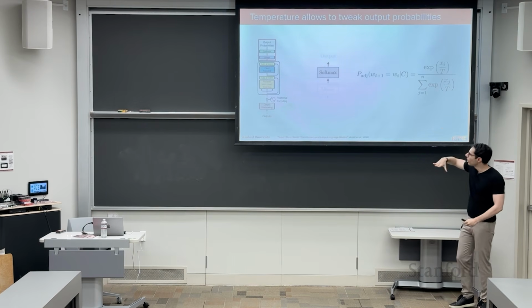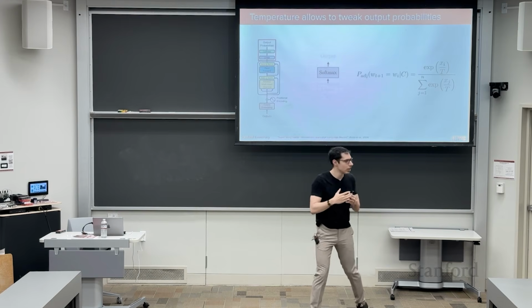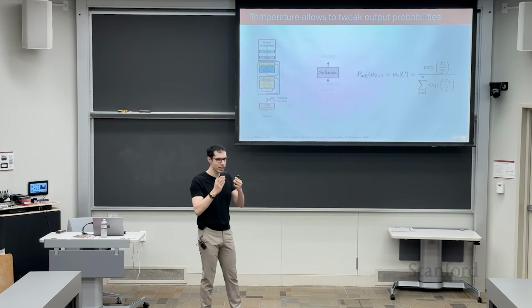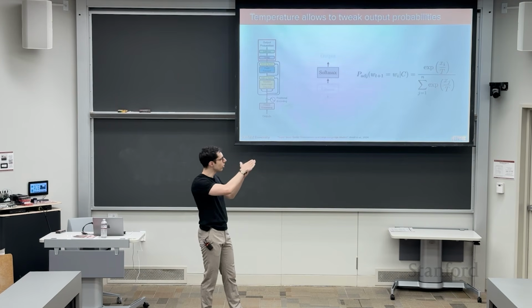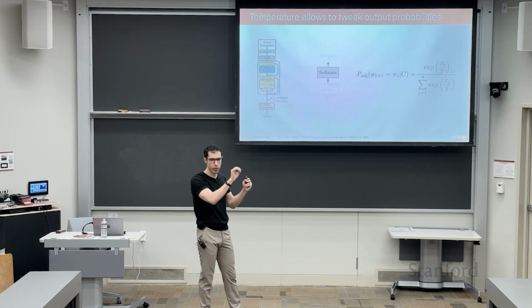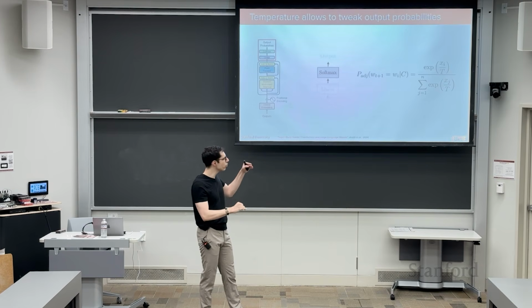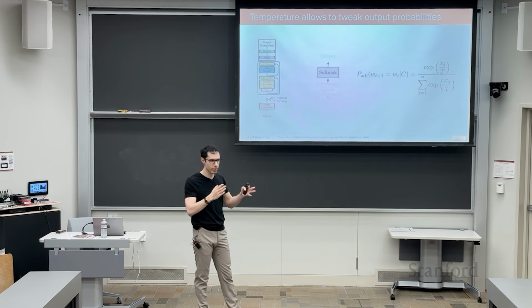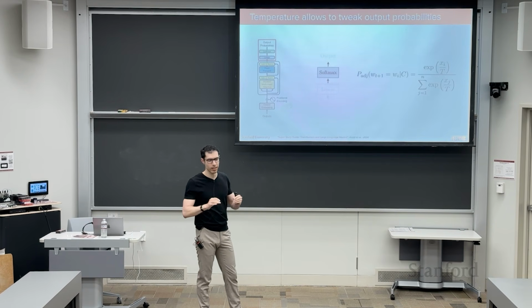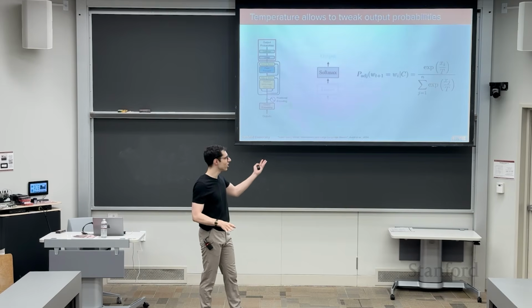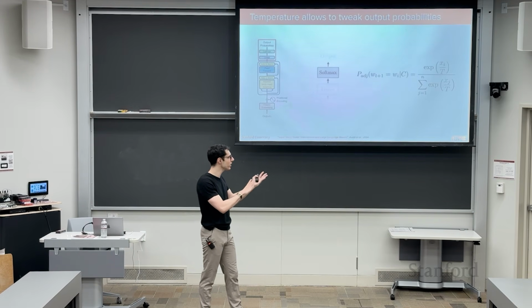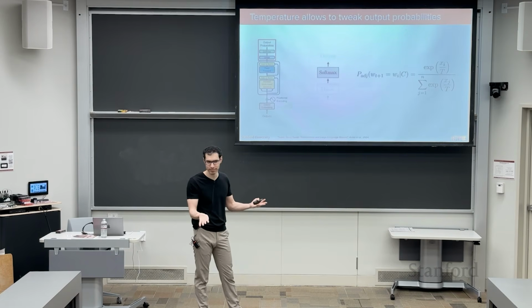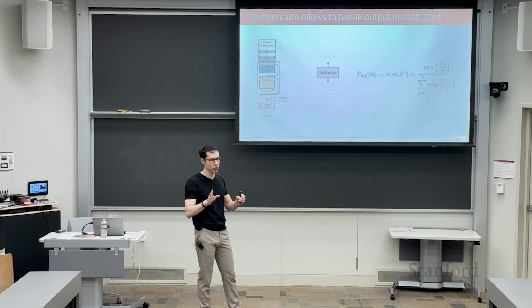You have the probability of the next token being a given word, which is equal to the exponential of the input with respect to that given word over temperature, and then you normalize that by the sum of all the other exponentials of the quantity over T. Now what we're going to see is what that T actually does in practice.